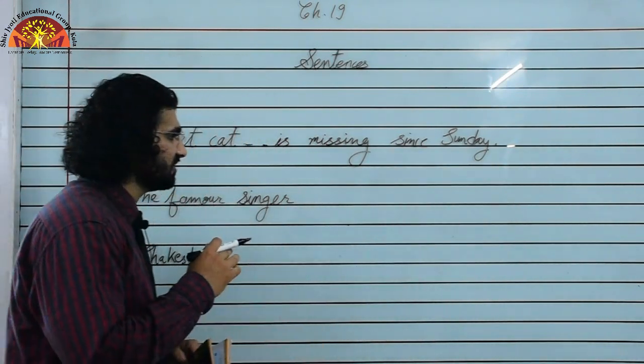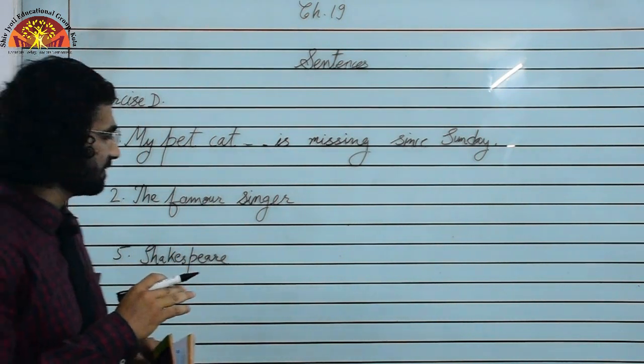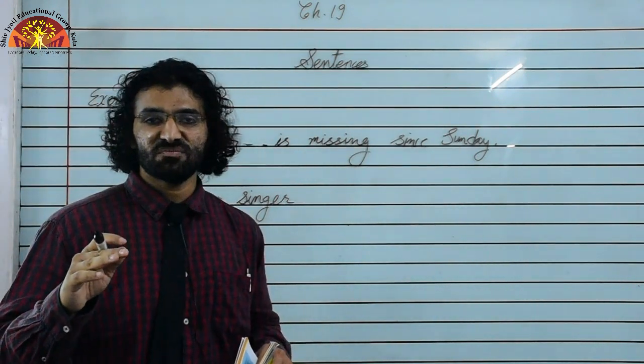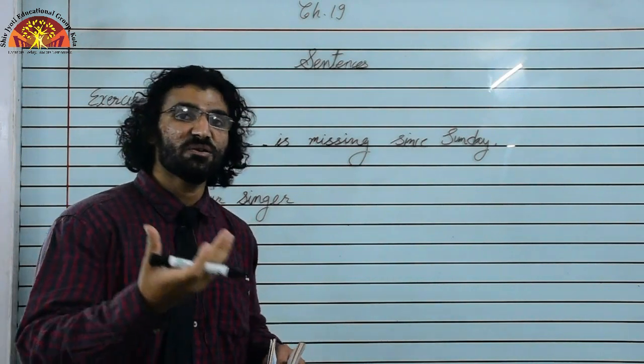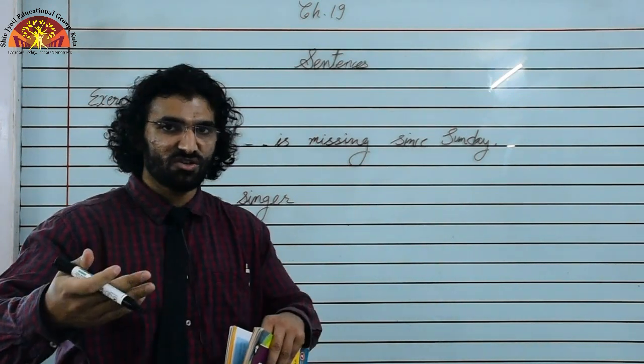Then we have the famous singer, blank. What should we fill in here? The famous singer. All right, who is your favorite singer? Question mark. It's an interrogative sentence. I'm asking you a question.